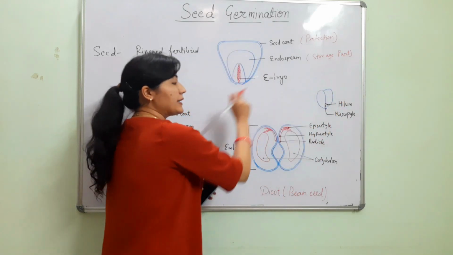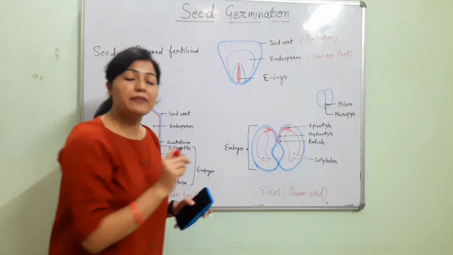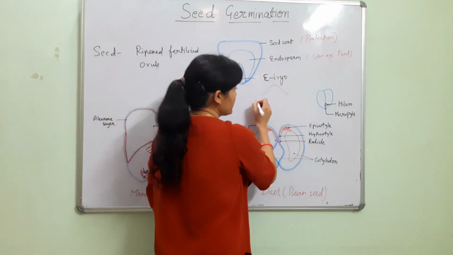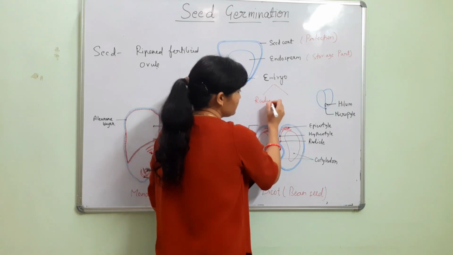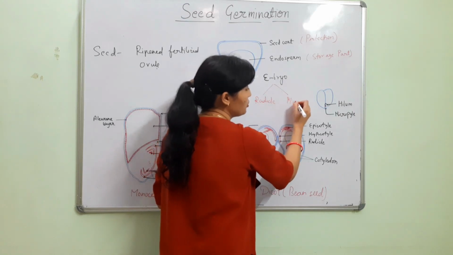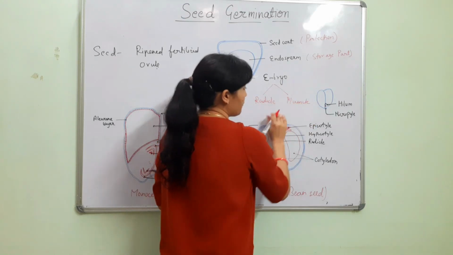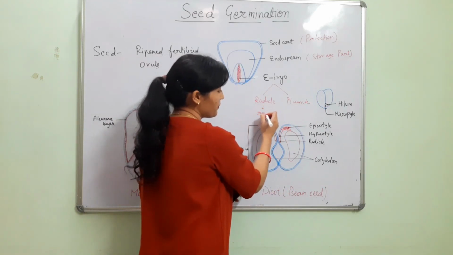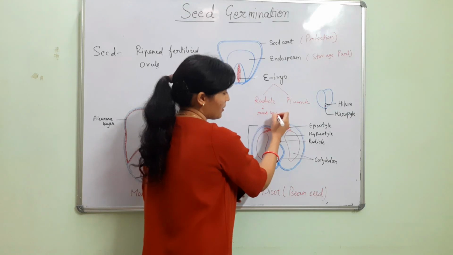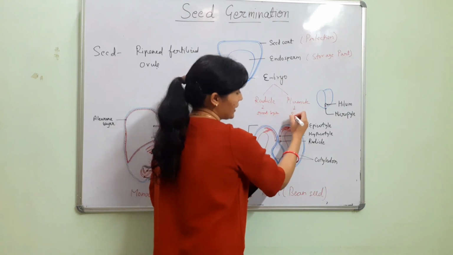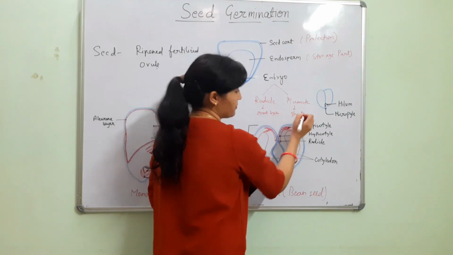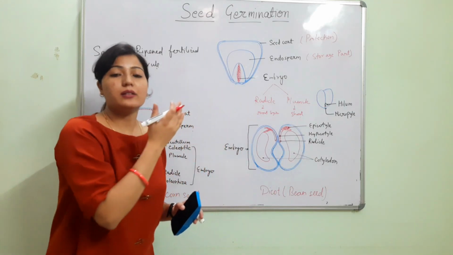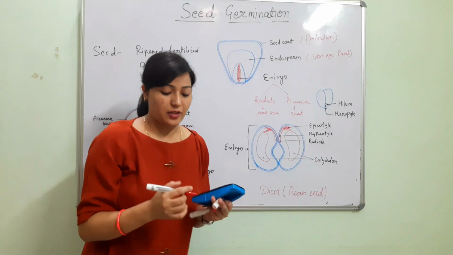Then the embryo is a living part of the seed which mainly contains two things: the radicle and plumule. Further, the radicle develops into the root system and the plumule into the shoot system. Okay, so these are the three main constituents of the seed structure.